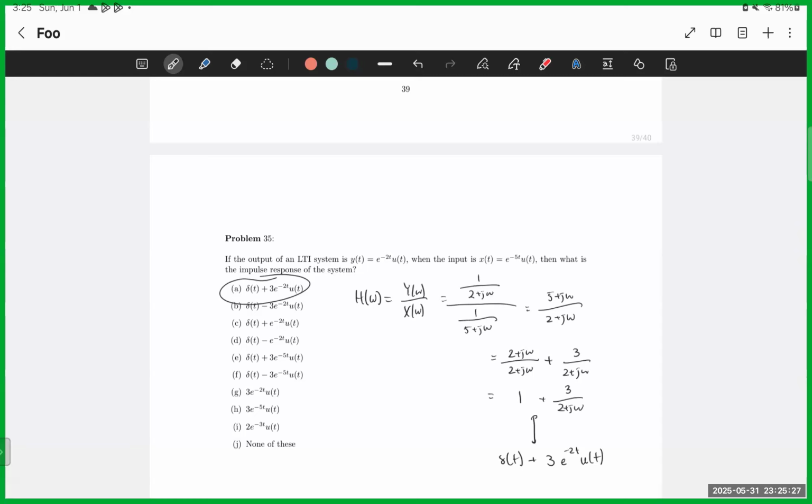I'm confused as to why we convert it into an S domain if we could just do it in the frequency domain. Because it's 1 over 2 plus j omega, but you can also just do 1 over 2 plus S. The transforms look pretty similar. Identical. This is true. Yeah.